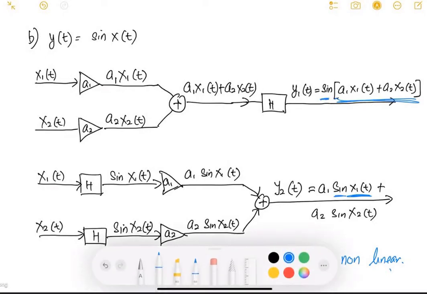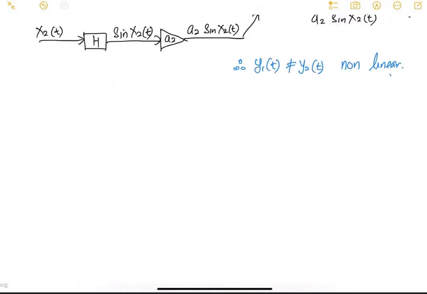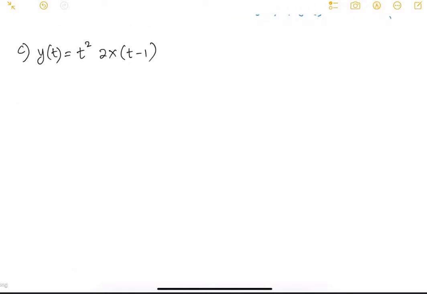Now let's look at the third question: y(t) = t² x(t−1). What will be the answer? You have the input x1(t) and you insert it into a constant a1 to get a1 x1(t).